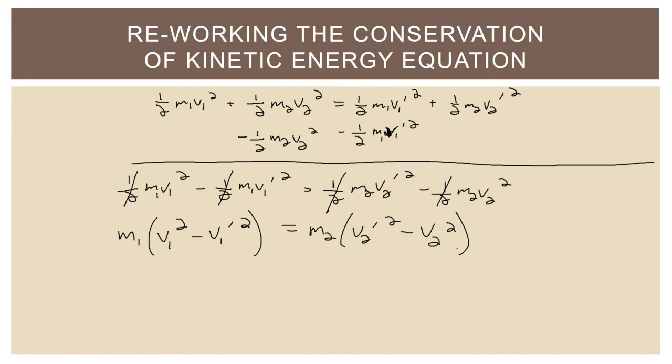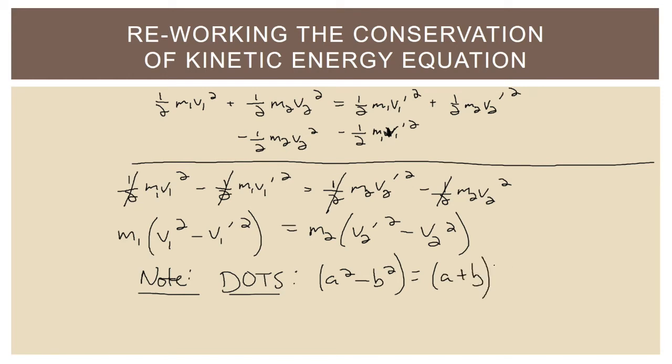We first need to make a mess before we can clean it up. The mess that we are going to make here is in recognizing that what I have is v1 squared minus v1 prime squared. Something squared minus something else squared. Or, in other words, the difference of two squares. Remember, a squared minus b squared equals a plus b times a minus b, right? That's the difference of two squares.